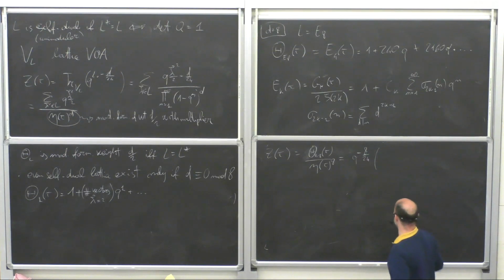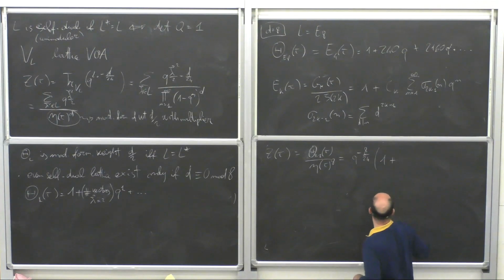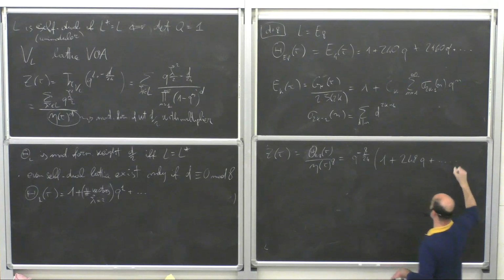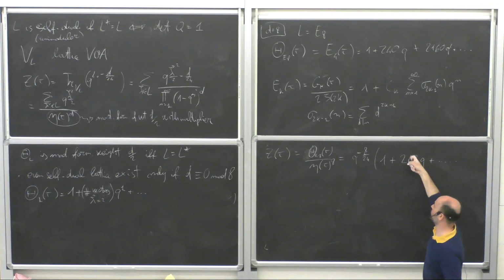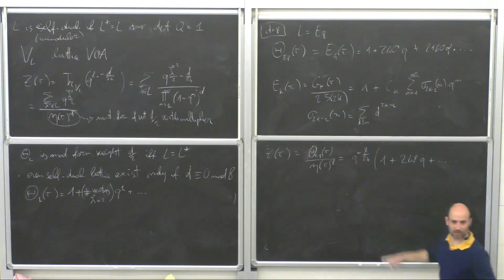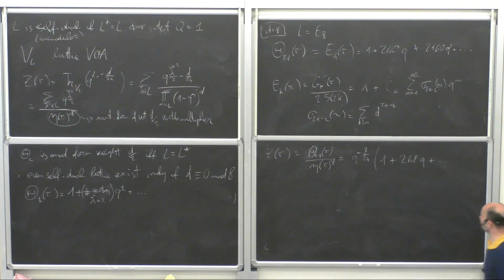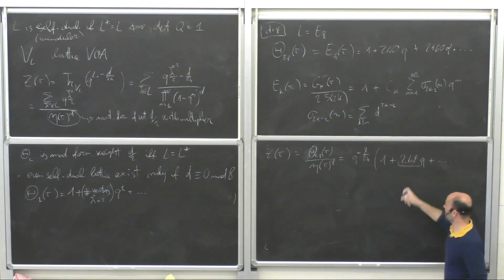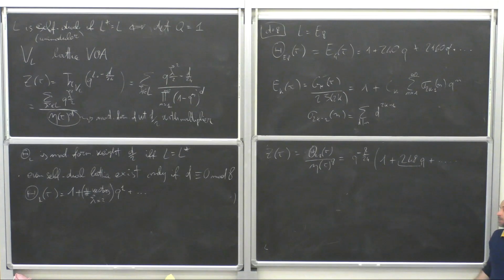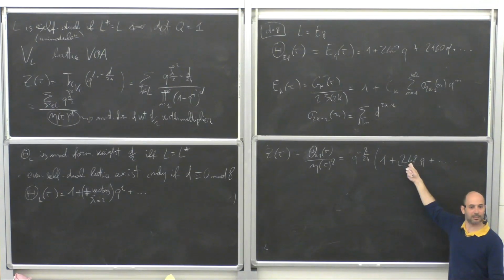Then you get the vacuum, and then you have 248 q plus, etc. So 248 comes from 240 from here, and 8 additional from the eta function. So this is the vacuum, and these guys are the fields with spin 1.